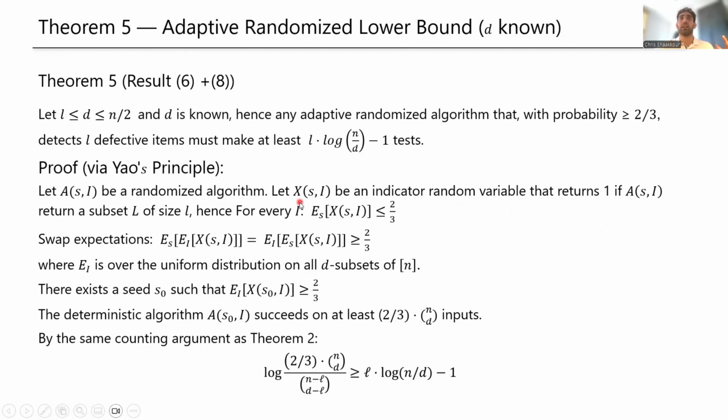So for every input we plug into this indicator, the expectation with respect to S, the seed of the algorithm, of the indicator X(S,I) is greater than 2/3. We know that the algorithm returns L defective items with probability greater than 2/3, so the expectation with respect to the seed of X(S,I) is greater than 2/3 as well.